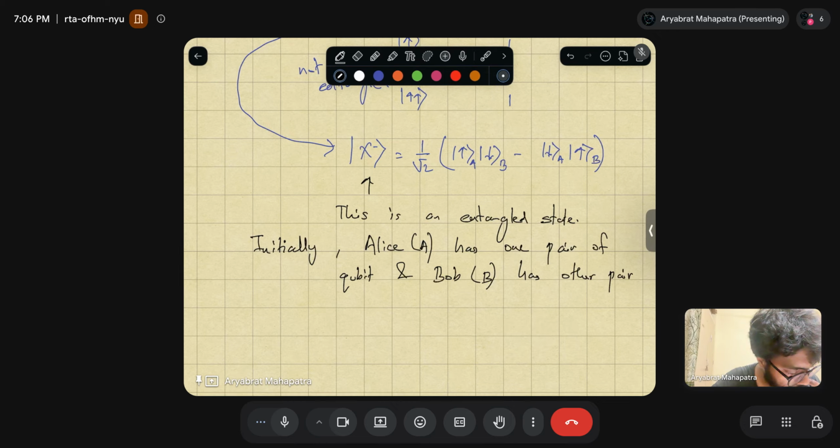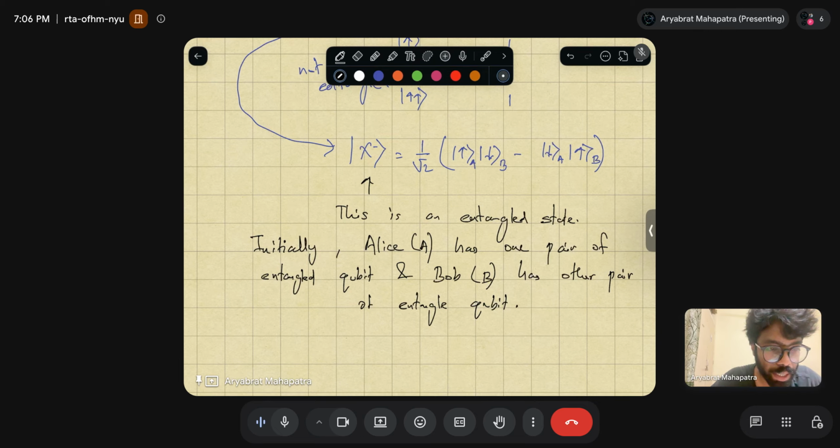Not just one pair of qubit, it is one pair of entangled qubit and the other pair of entangled qubit. So this is what we will try to exploit.